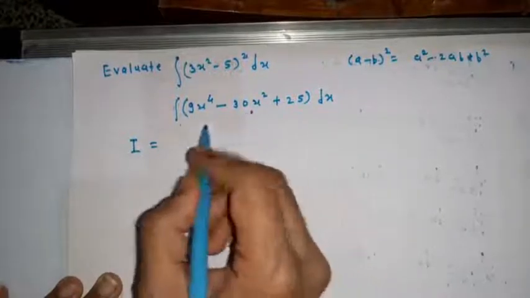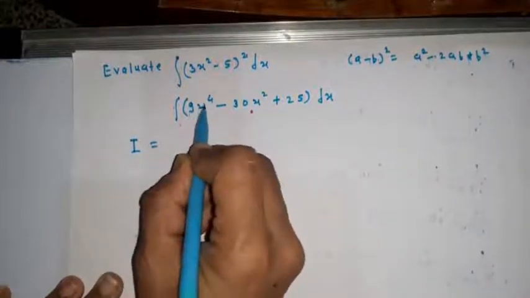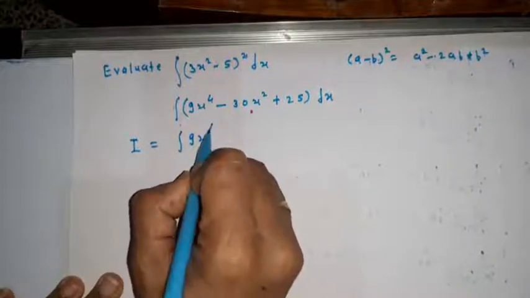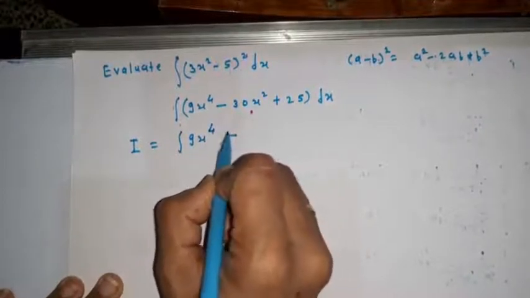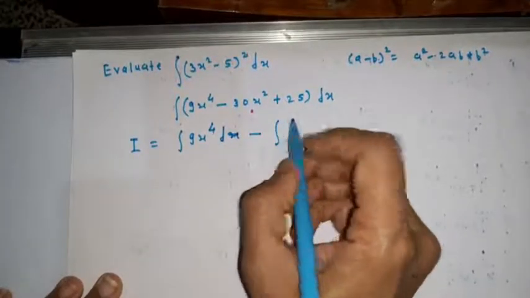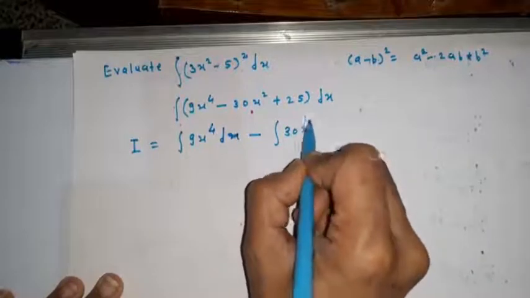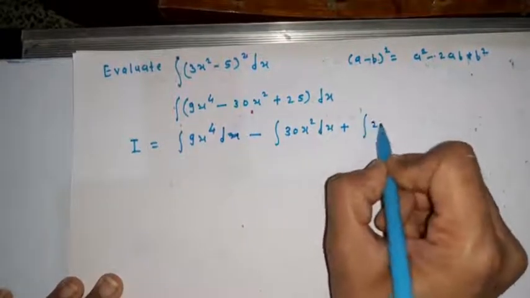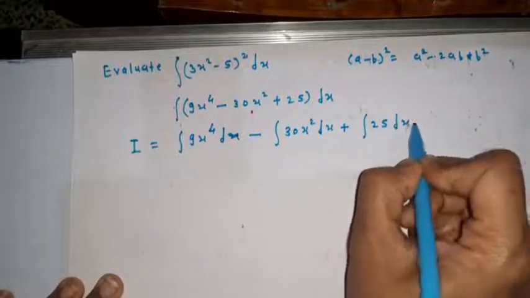Take the integration separately: integration of 9x raised to 4 with respect to x, minus integration of 30x square with respect to x, plus integration of 25 with respect to x.